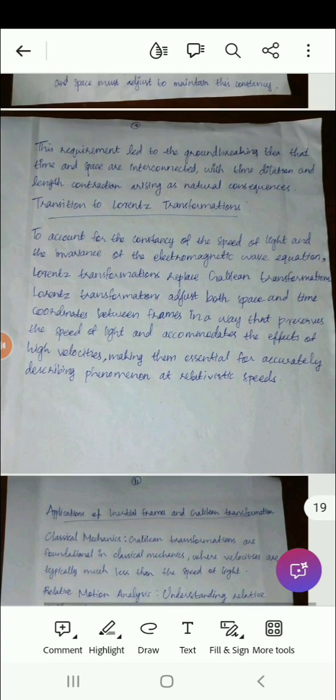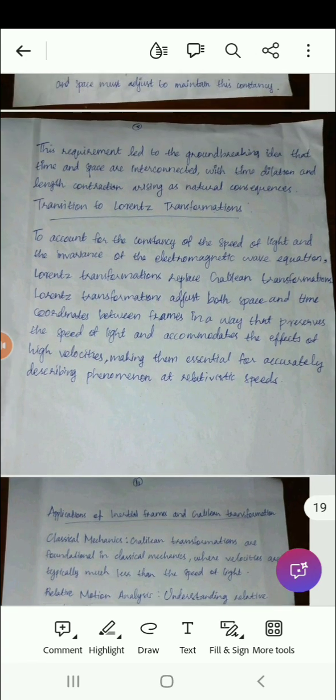So, after Einstein's special theory of relativity, it became essential that there should be equations that are applicable to electromagnetism as well. So, Lorentz transformations replaced Galilean transformation. In Lorentz transformation equations, both space and time are adjusted so that the speed of light can be taken as a constant.